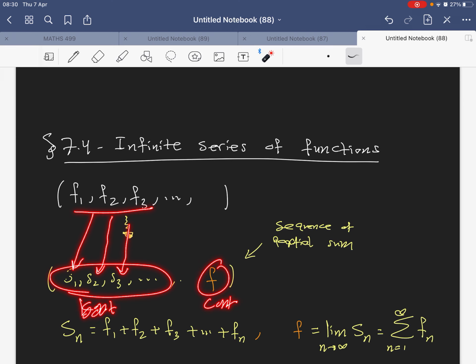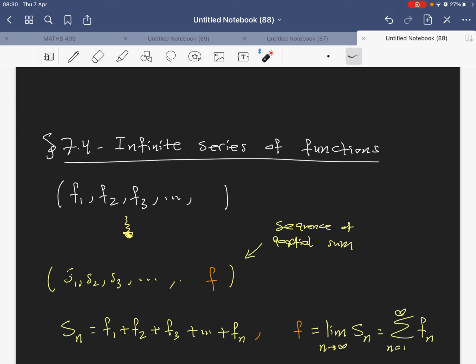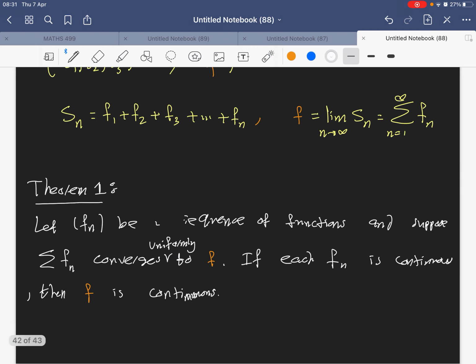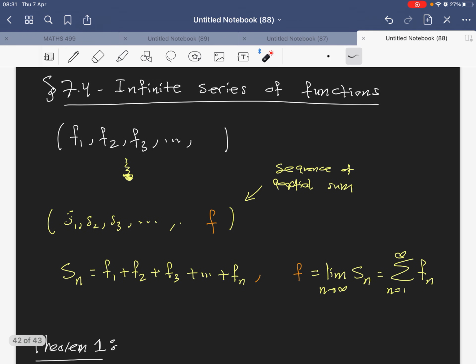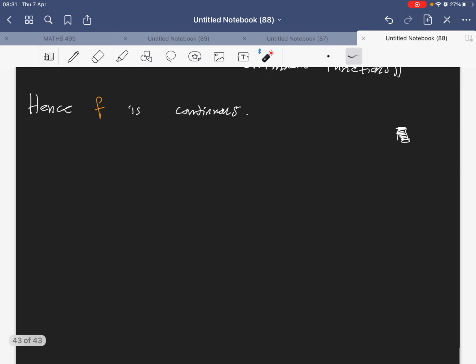If this is bounded, this will be bounded. Integrable, integrable. Differentiable, with some condition, it will be differentiable. And that's what we will do next. Let's do the integration now. If those are integrable, this will be integrable. That's the whole idea that we will do next.